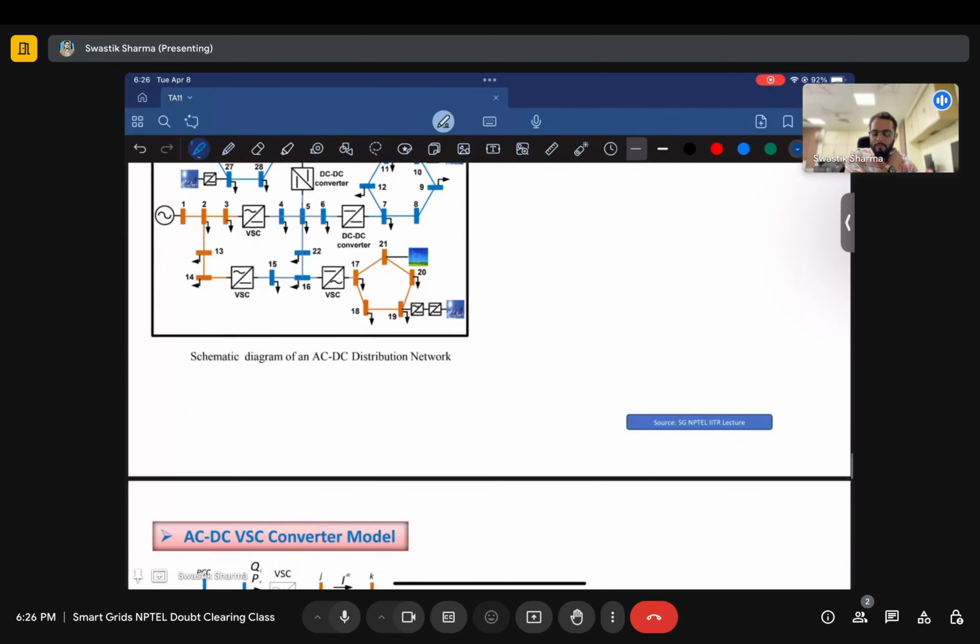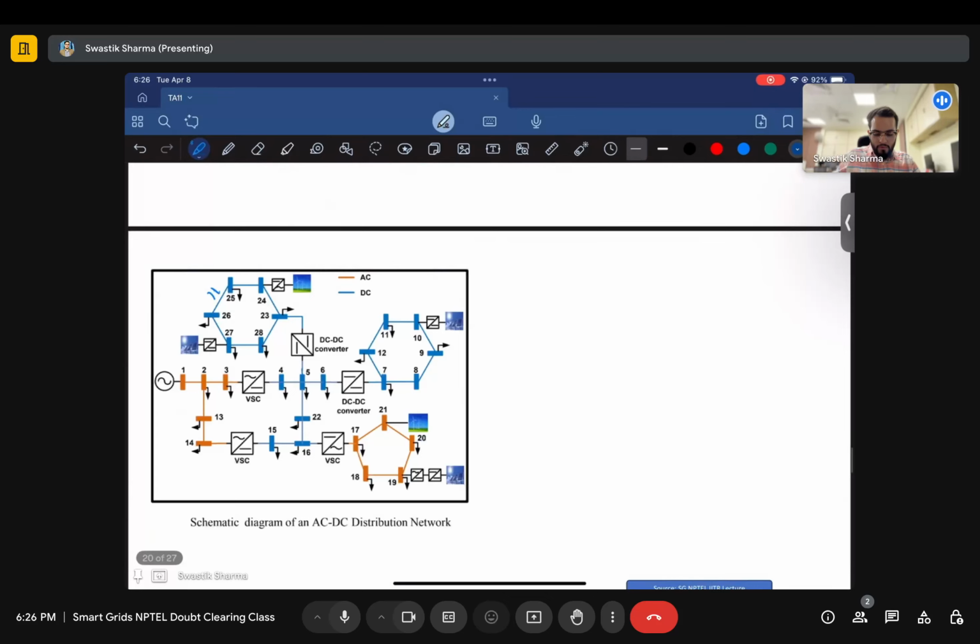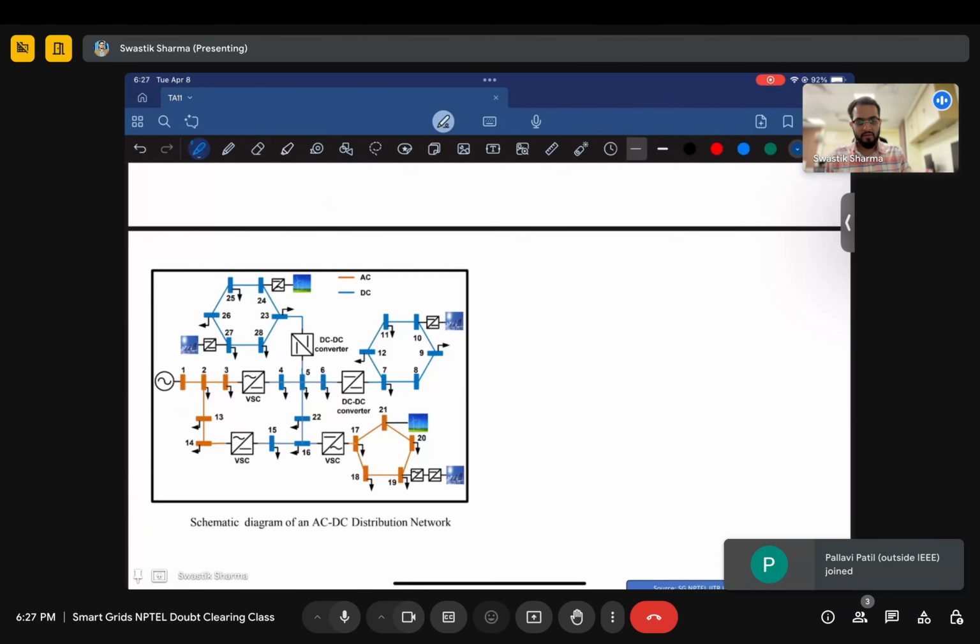So moving on. We talked about how power flow strategies need to be changed for a distribution system, and why that happens. You see, this is an AC-DC distribution network. What is an AC-DC distribution network?